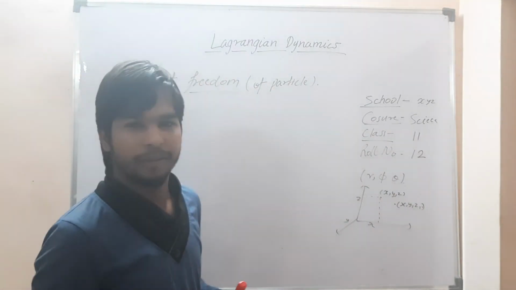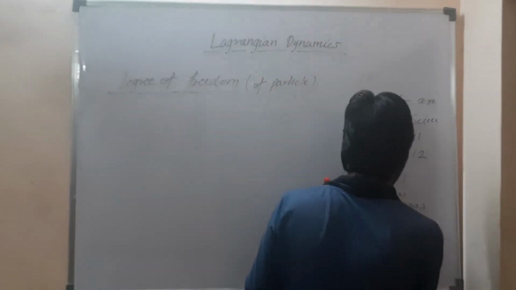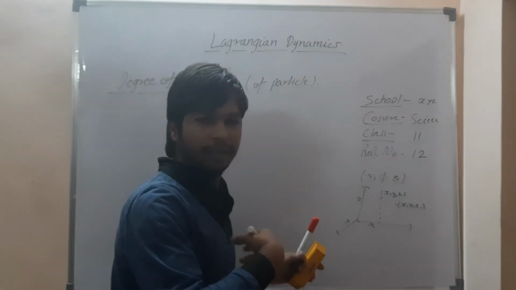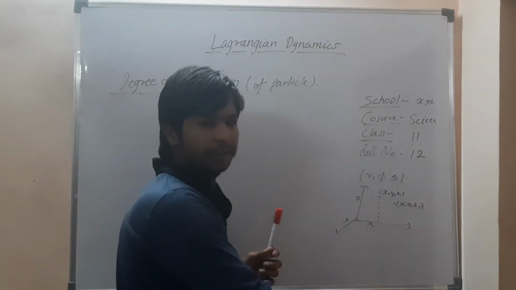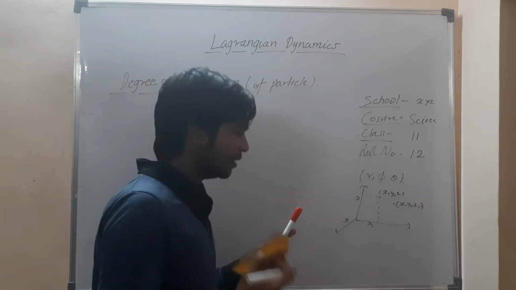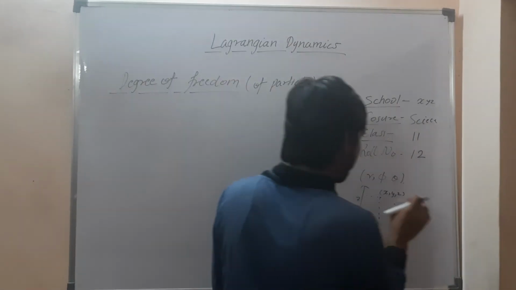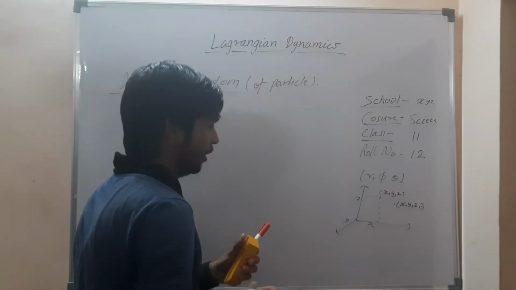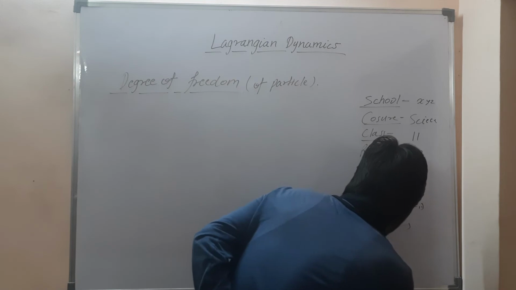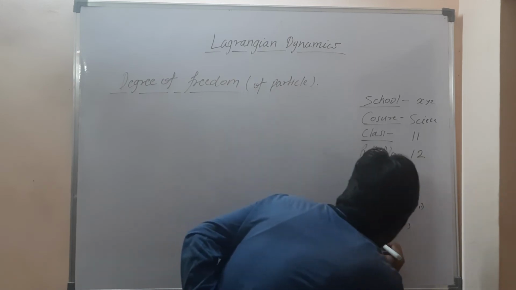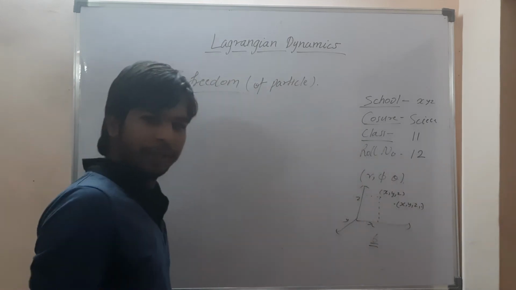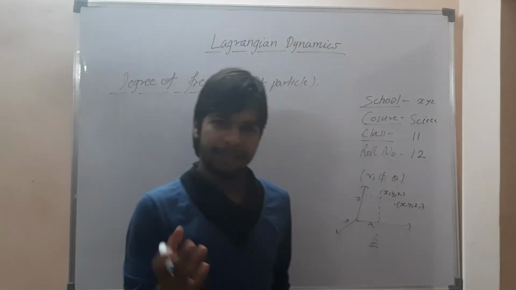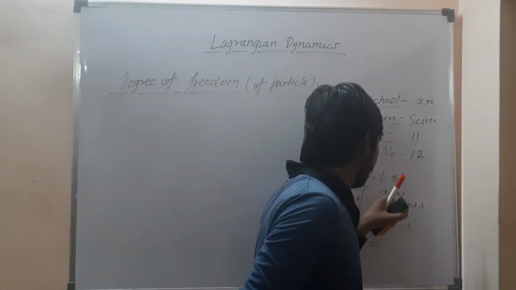Because for one bird I should know XYZ, how much distance it covers in the X axis, the Y axis, and similarly for the second also I should know 3. So the total number of required independent coordinates is 6.